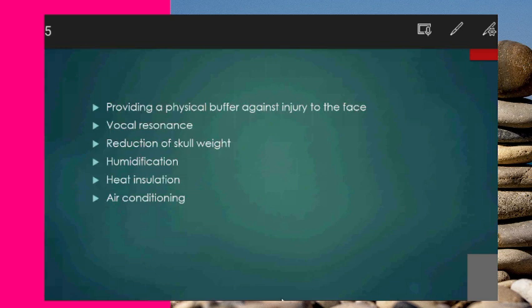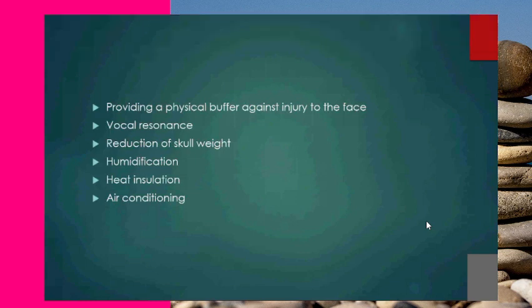And since the nose and the nasal cavity is a wet area, any small particles will get stuck upon the wet surface of the nasal cavity and the paranasal sinuses. Okay. So these are the important functions of the nasal cavity.